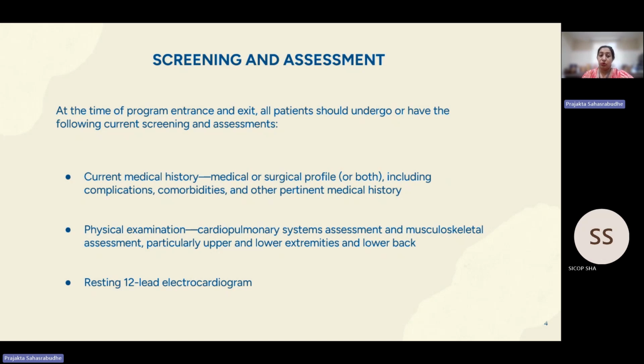Then we are going to move to the physical assessment. We have to check the baseline parameters, vitals, and how the vitals are responding to minimal activities, to various posture changes, when the patient is doing room ambulation, and if there are any musculoskeletal system changes. This is the basic assessment we have to do, followed by a resting 12-lead electrocardiogram.